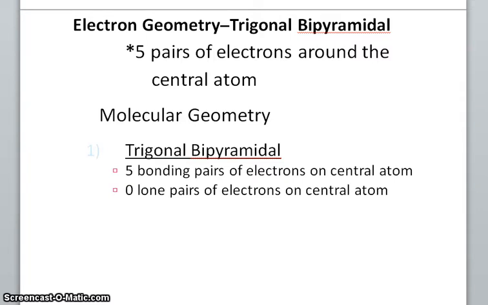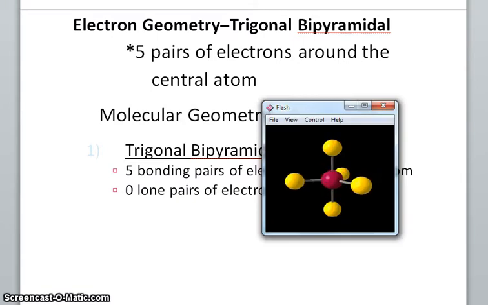So if we have 5 bonding pairs of electrons and no lone pairs of electrons around the central atom, our molecular geometry is referred to as trigonal bipyramidal. So in our model here, we've got our central atom, there are 5 bonding pairs of electrons off of that central atom. That's going to give us a trigonal bipyramidal arrangement.